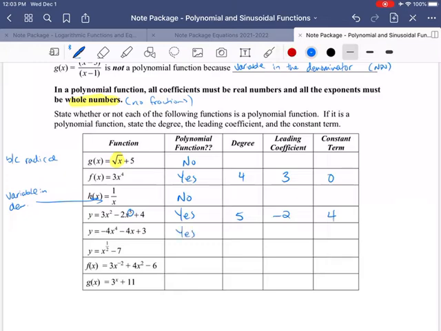Yep, the degree is 4, the leading coefficient is negative 4, and the constant is 3. The next one, no, because of the fractional exponent. The next one is no, because of the negative exponent. And the last one, no, because of an exponential function. It's not a polynomial function, it's an exponential function.